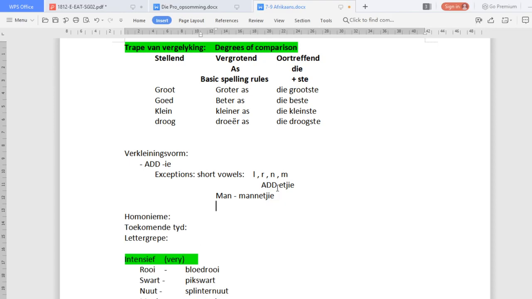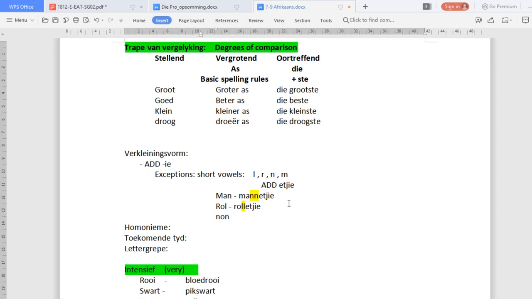It's a short vowel, so we must double the consonant. Remember that. It's just a normal spelling rule with anything that you ever do in Afrikaans. Rol. Rollietjie. And also we doubled the L.